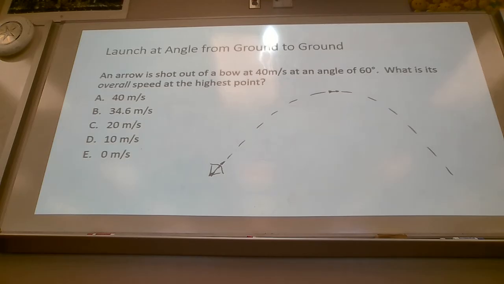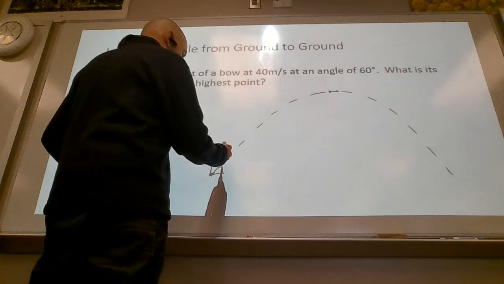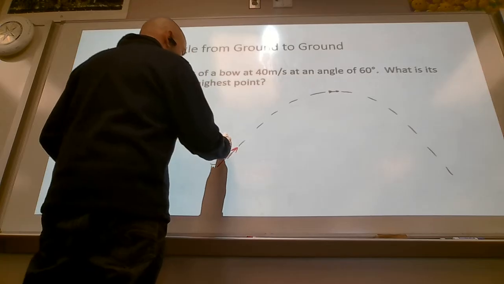Correct answer is C. You're gonna do cosine of 60, which is 1/2, times 40 meters a second, which is 20 meters a second. So the triangle of that, here's 40.